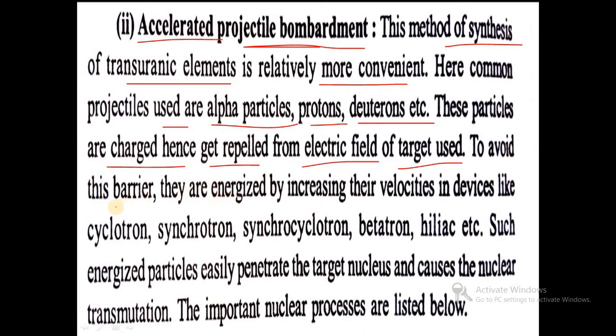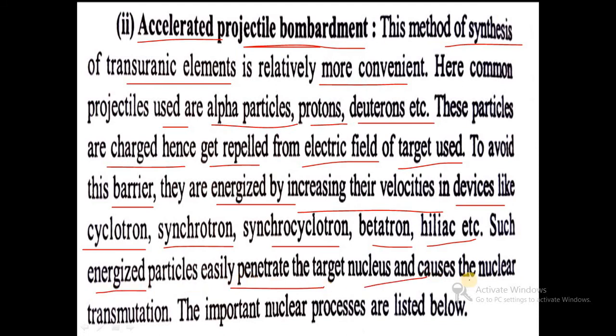To avoid this barrier, they are energized by increasing their velocities in devices like cyclotron, synchrotron, synchrocyclotron, betatron, heliac, etc. Such energized particles easily penetrate the target nucleus and cause nuclear transmutations.